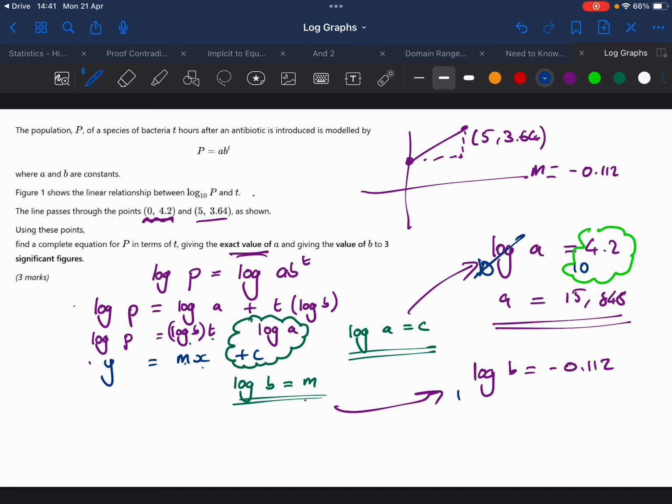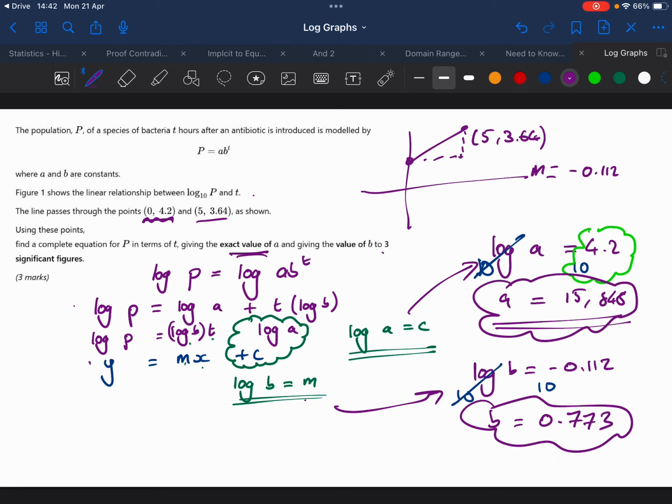If you want to know what B is on its own, you need to do 10 to the power of on both sides, and you'll get that B is equal to, and this one they did want to 3 significant figures, 10 to the power of minus 0.112. So I get 0.773.